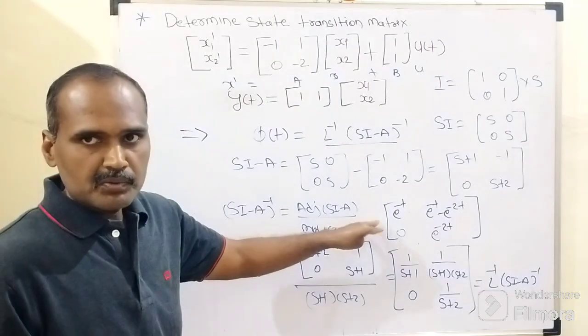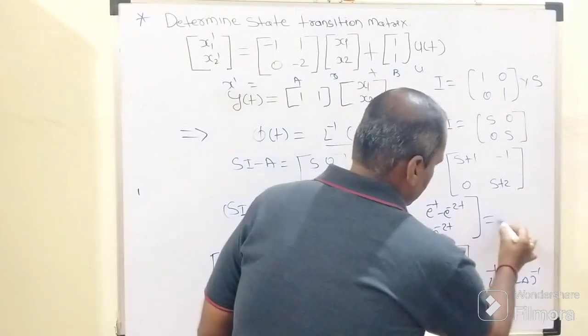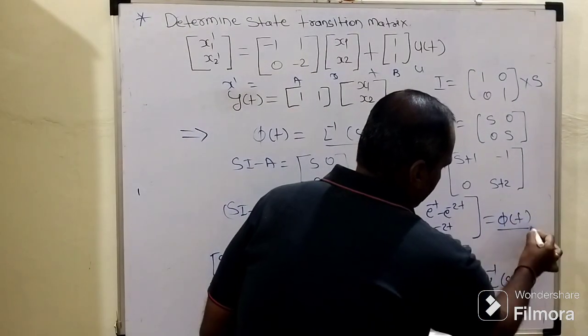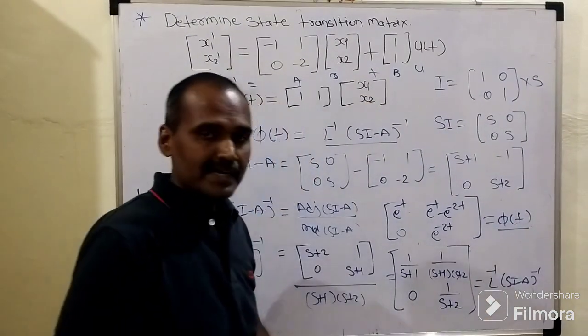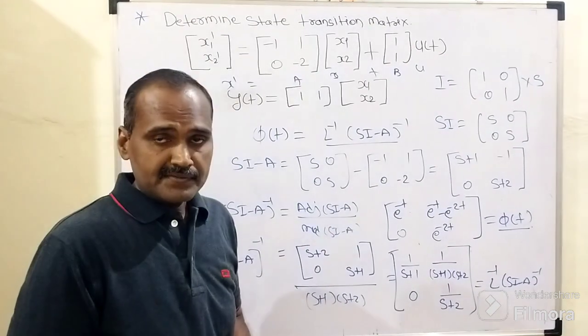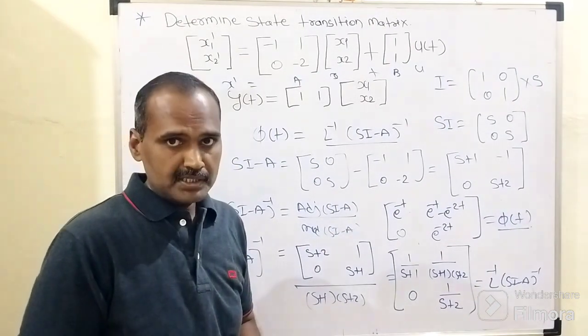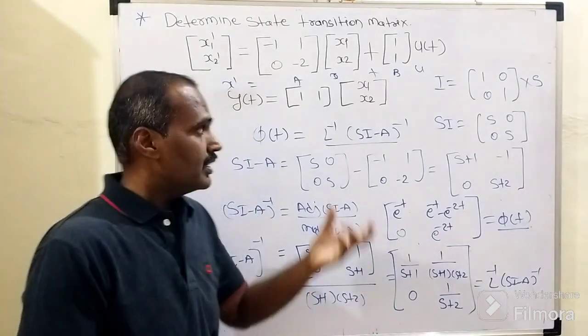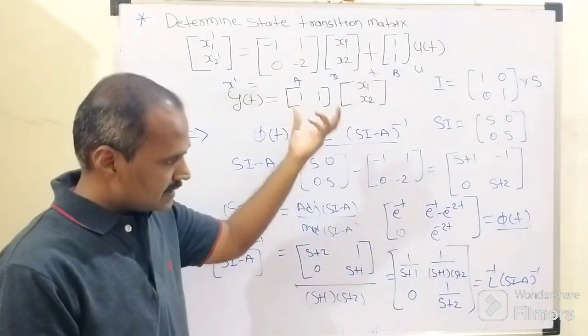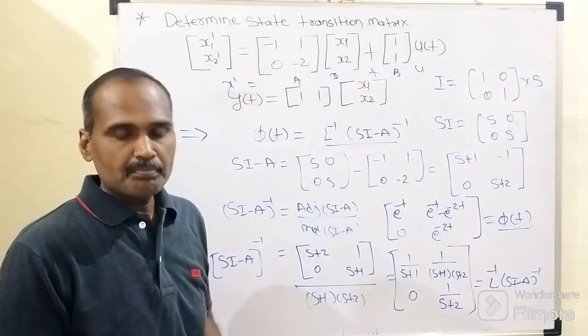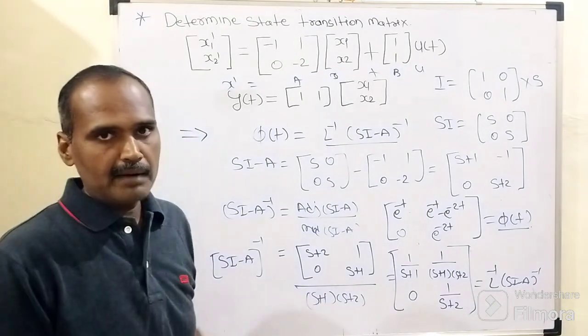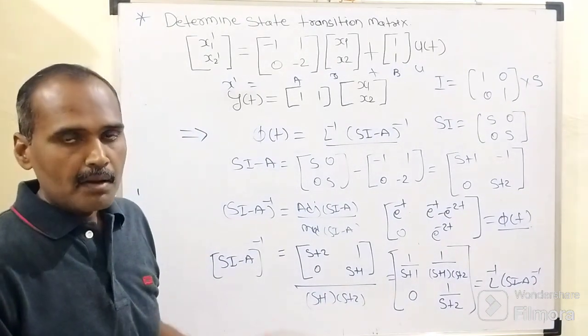So this is nothing but the state transition matrix denoted by phi of t, which always satisfies the set of linear homogeneous equations. Such a methodology we need to adopt in order to decide the elements of the state transition matrix.